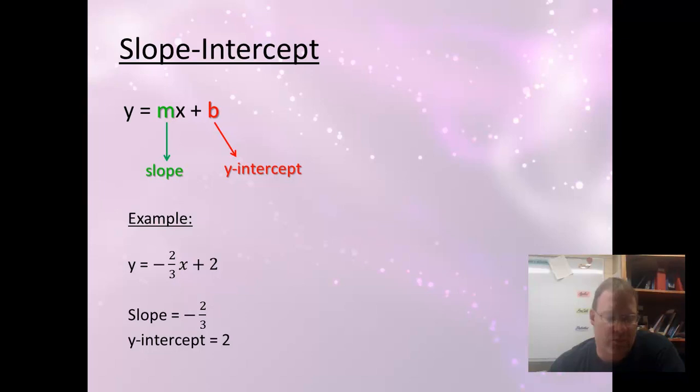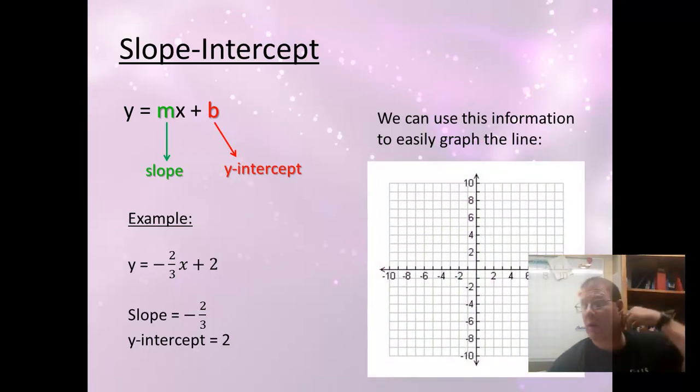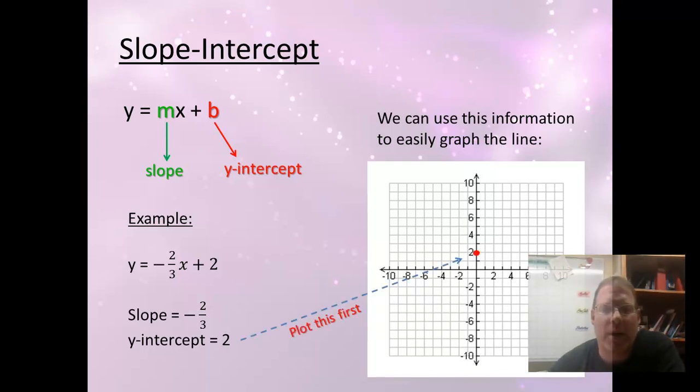Now that we know that, graphing this is going to be very easy. We start off with actual graph paper now, don't we? But then we first plot the y-intercept.